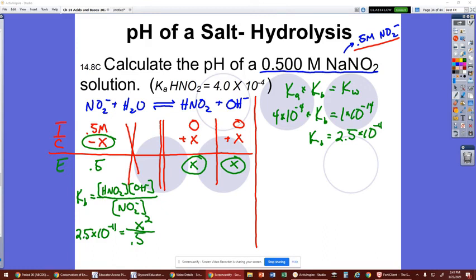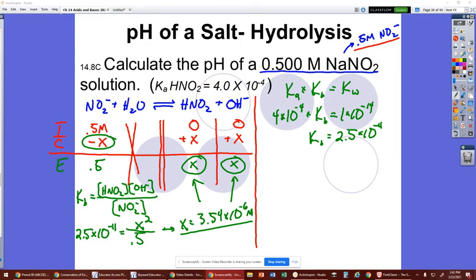I'm going to multiply by 0.5 on both sides of my equation. I am then going to take the square root of that value. And when I do that, I get an X value, which would be the concentration of hydroxides and nitrous acid, of 3.54 times 10 to the negative 6th molar. And that goes in both of those places. So that is my concentration of hydroxide.